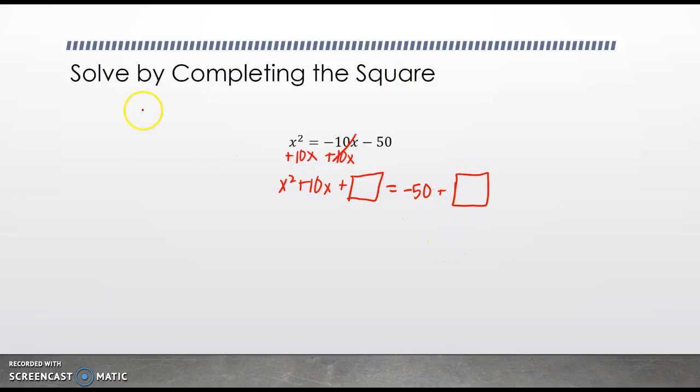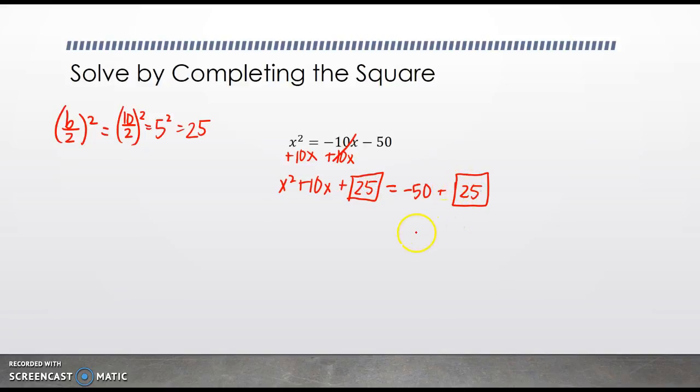To figure out what goes in the box, I'm going to do b divided by 2 squared. My b is a positive 10 divided by 2 squared, so then I get 5 squared, which is 25. So I'm going to put a 25 inside the box on both sides.